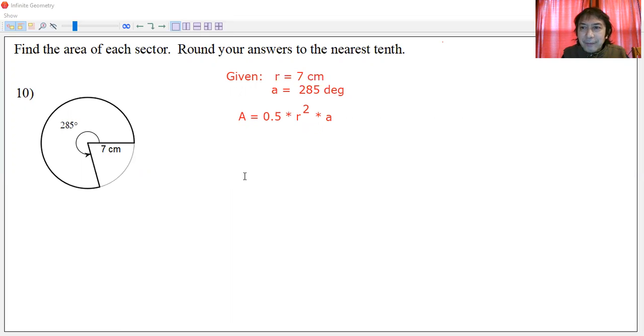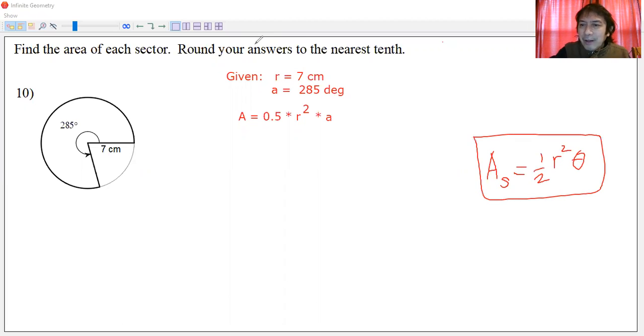In most books, the formula is area of sector is 1/2 r squared theta, where theta is a Greek letter representing the angles. Since we will not be having that on the keyboard, we will just be using a small letter A for the central angle. Our own version is area of sector is 0.5 r squared and the central angle A.